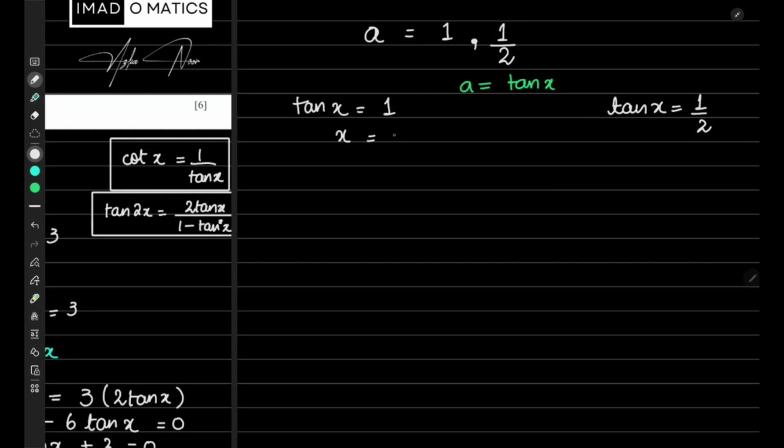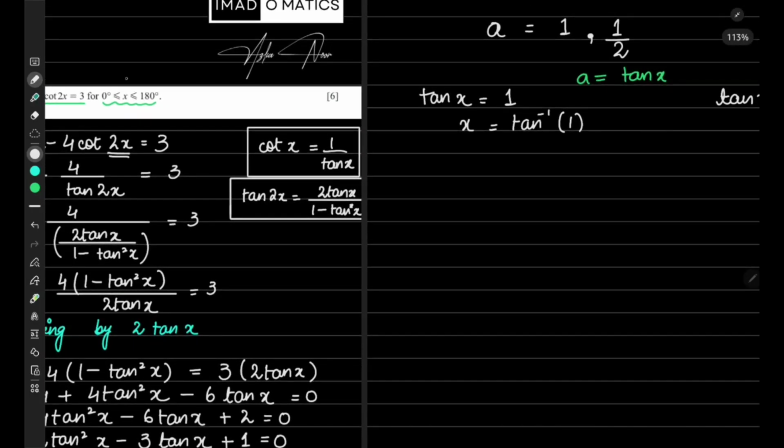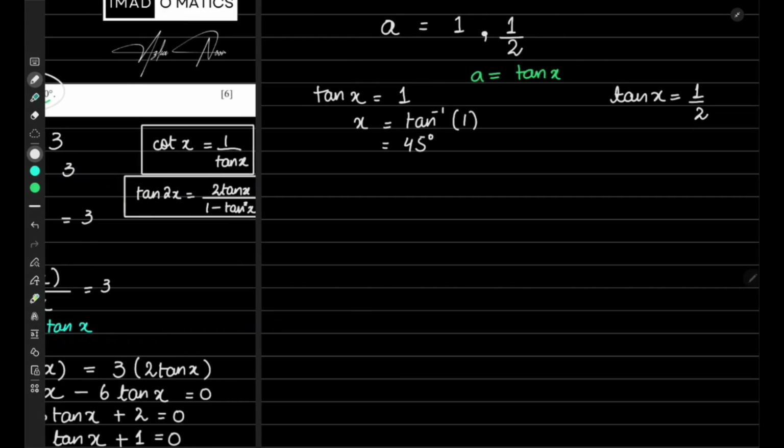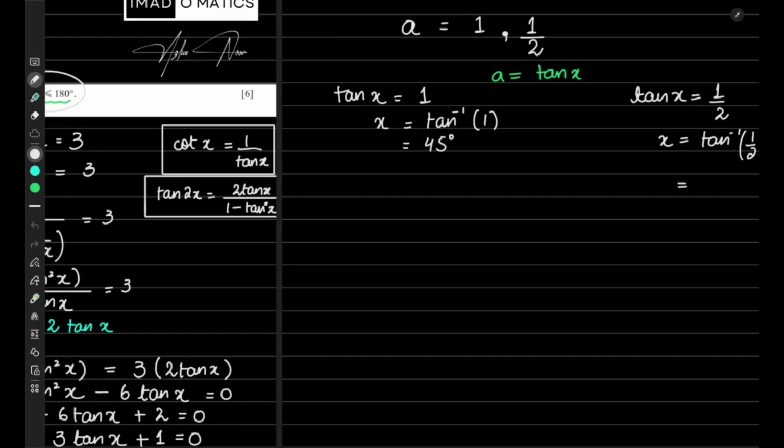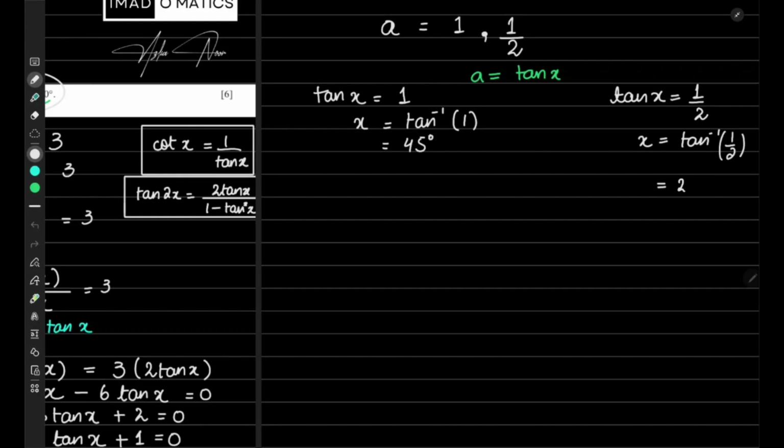So x is equal to tan inverse of 1. I am seeing that the range is given in degrees, so you must write your answers in degrees. So 45 degrees, and secondly tan inverse of 1 over 2 will be 26.5650 degrees.